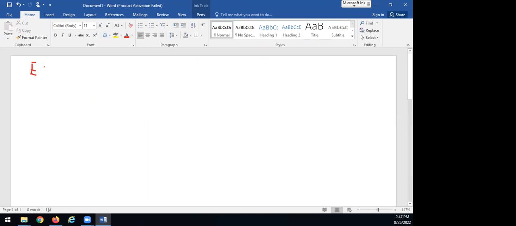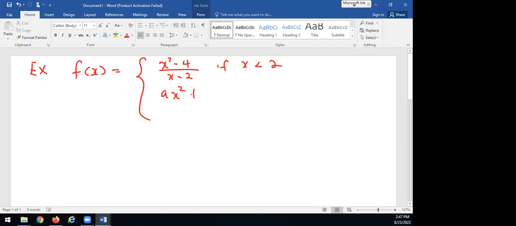All right, so example. You're given a piecewise function f of x and it's equal to x squared minus 4 over x minus 2 if x is less than 2. And then it is ax squared plus bx plus 3 if x is less than 3 but greater than or equal to 2.